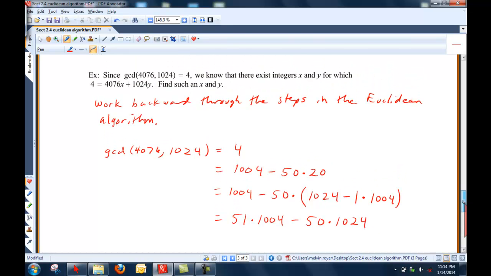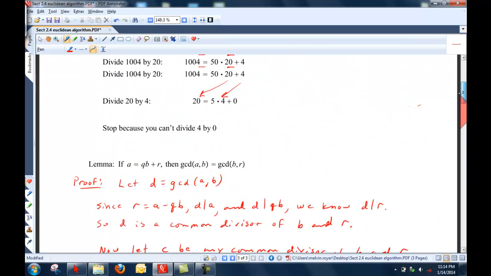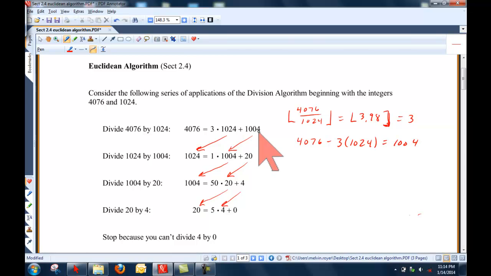Keep in mind what I'm trying to do. I'm trying to write 4 as a linear combination of 4076 and 1024. Here's 4 equals, and now the 1024 is already in there. I'd like to get a 4076 in there as well. And so if I go back to my first line, here's how to write 1004 in terms of 4076.